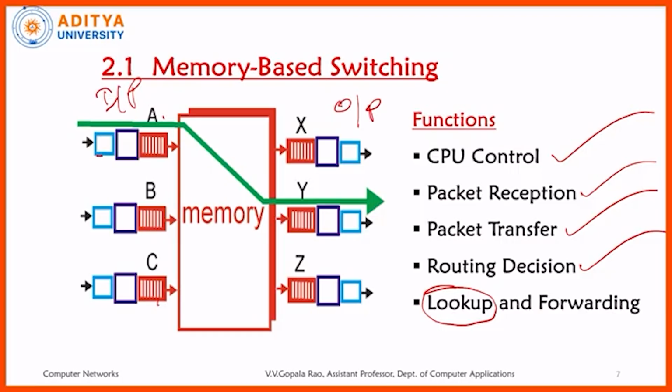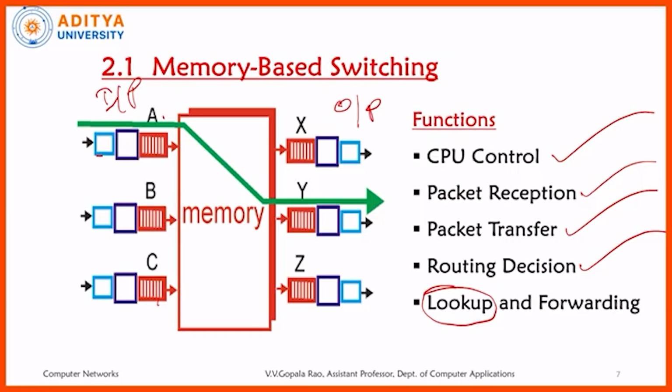So checking the existence and the clearance of the path is called the lookup. And once it identifies that there is no traffic, the path is clear and the channel is free, then it is going to forward the packet by releasing it from its memory to travel to the other side of the output.